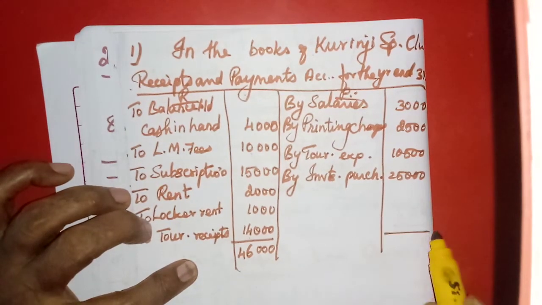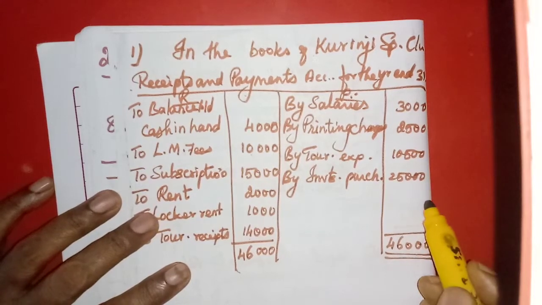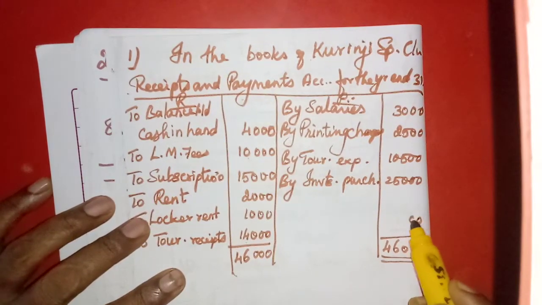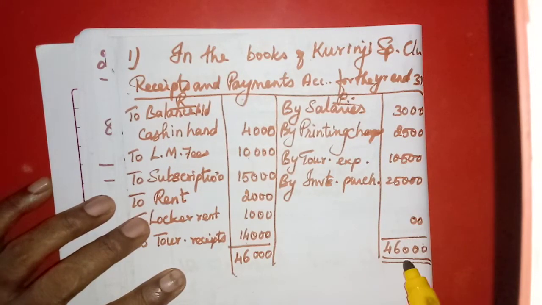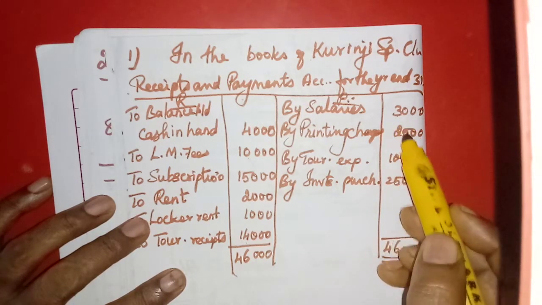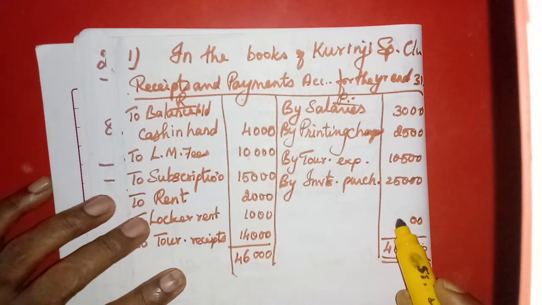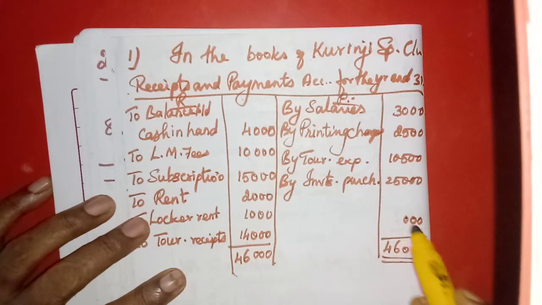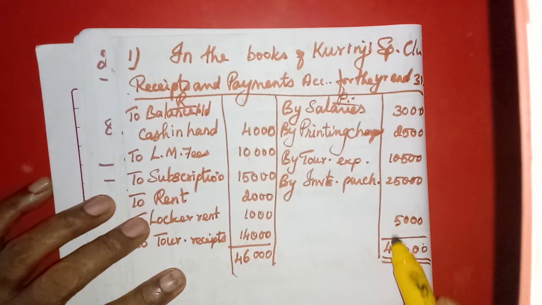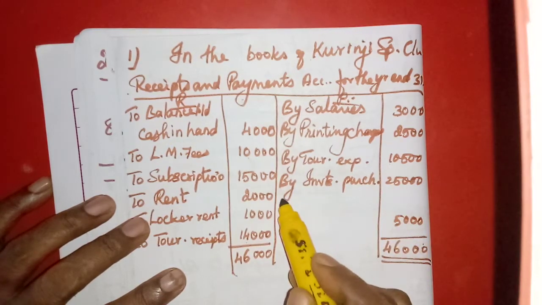Here the same amount we should write. 0, 0, 5 plus 5, 10, balance 1, 4, 6, 6 plus 5, 11, 11 plus 5, 16, balance 1, 3, 4, 4 is there, so 5 is the answer.